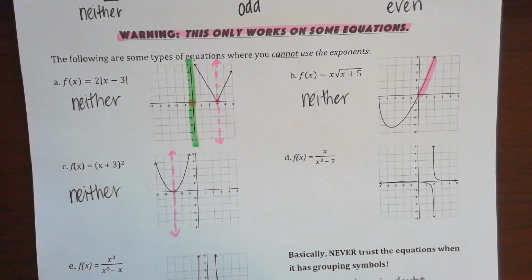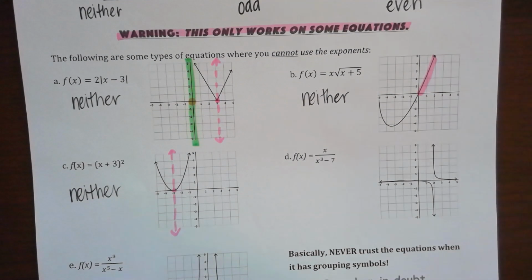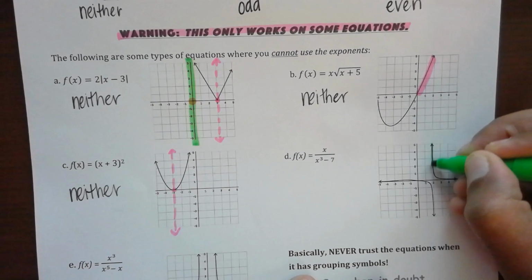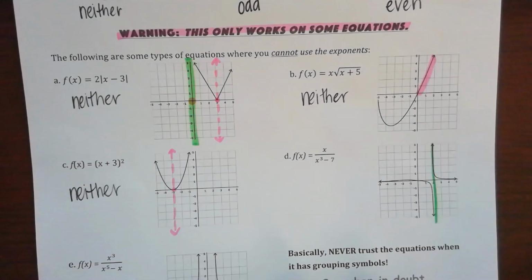Look at D. I have f of x equals x over x cubed minus 7. Looking at this, this is a rational function that creates an asymptote at x equals 2, which is right here. So even though it looks like it's getting close to that line, it's not. It'll never touch that line that I just made.